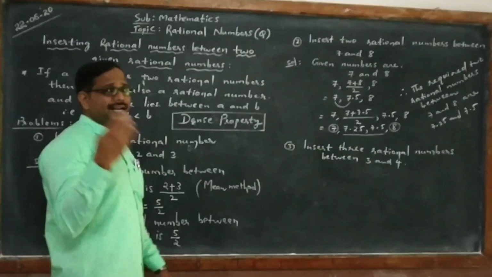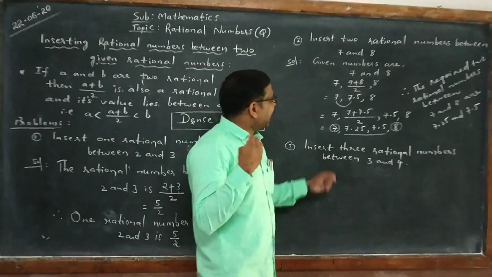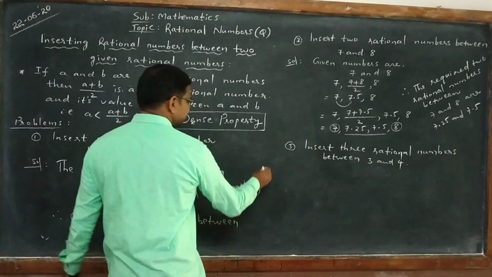There exist infinite rational numbers between two rational numbers. Out of those rational numbers I am taking only 2 since the question is asked.